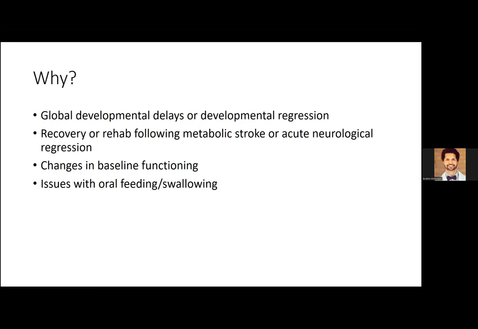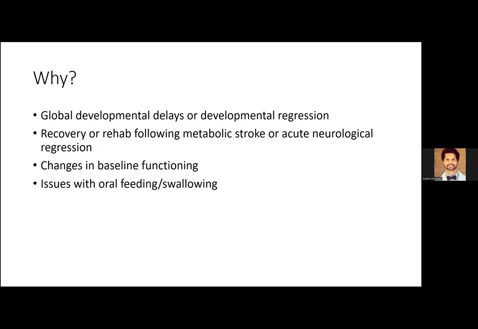As you all know, metabolic strokes or acute neurological regression, if you have Leigh syndrome, can occur in mito. And these therapies and these providers play a big role in helping with the recovery or rehab phase following these events.